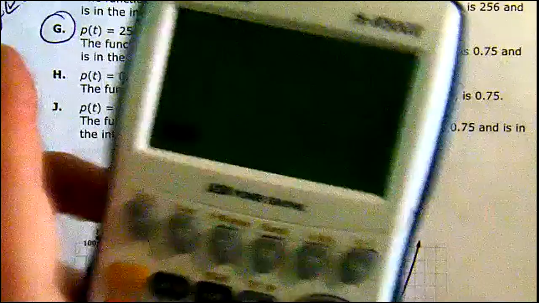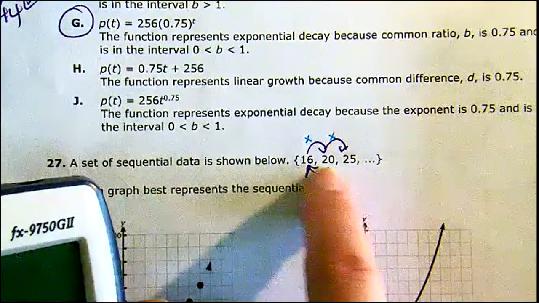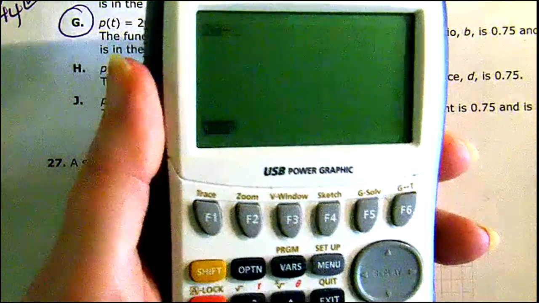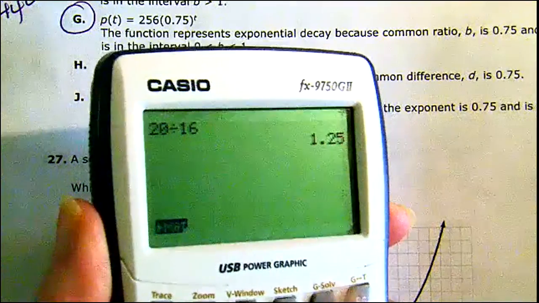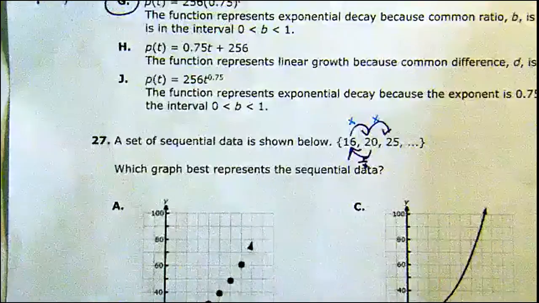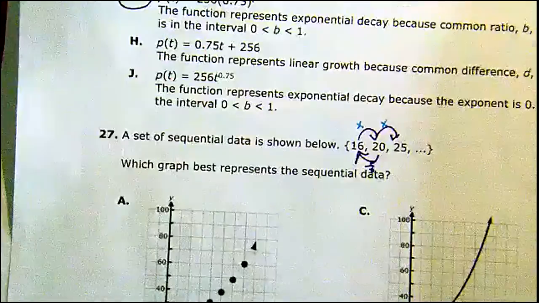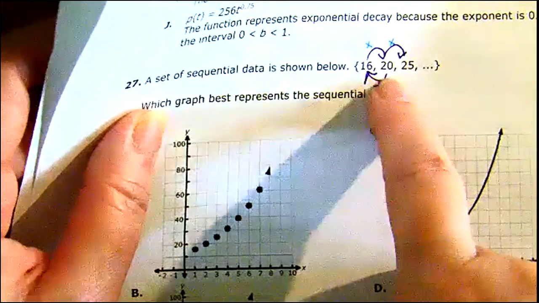So to find that number, I'm going to back it up, and I'm going to go 20 divided by 16. So it's 1.25. So I see it starts at 16, and then every time it's going to multiply by 1.25.